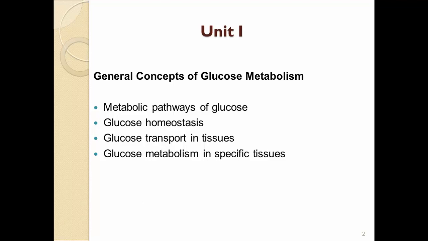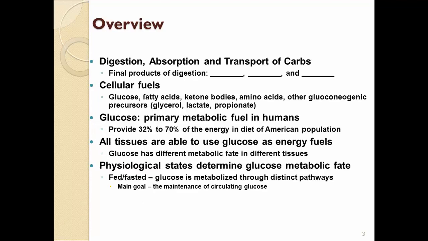So again, try to keep in mind that metabolism can be different in different tissues and can also be different in the different physiological conditions. Here we are mostly focusing on the fed and fasting conditions, right? Okay, so digestion, absorption, and transport of carbohydrate, we already covered this, right? I just wanted to remind you again.